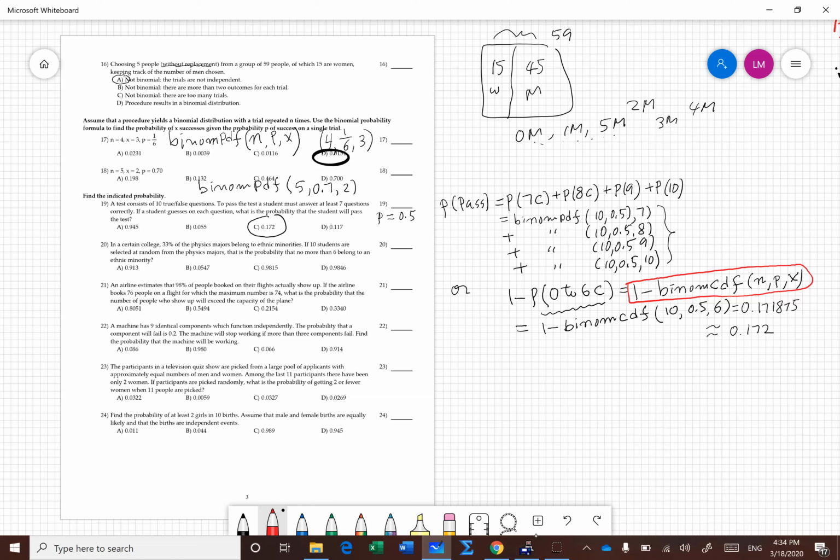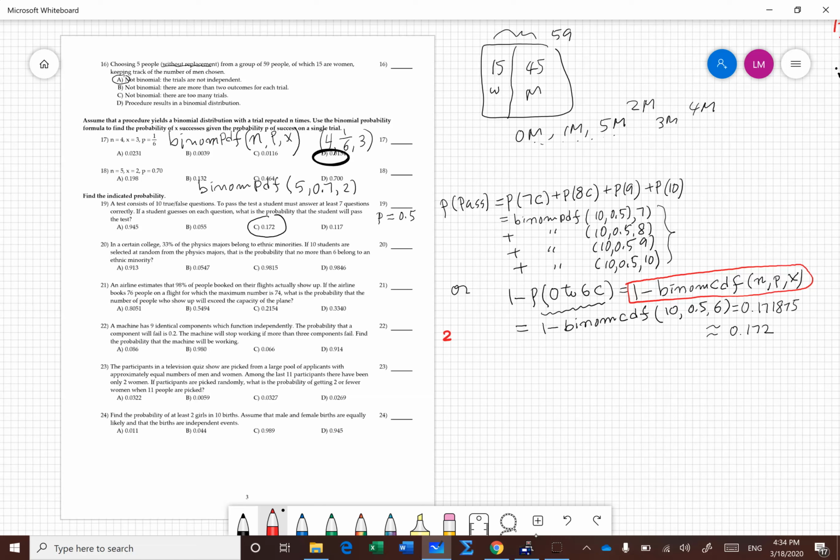Okay, so next one is, in a certain college, 33% of physics majors belong to an ethnic minority. If 10 students are selected from the physics majors, what is the probability that no more than 6 belong to an ethnic minority? So I'm doing number 20.